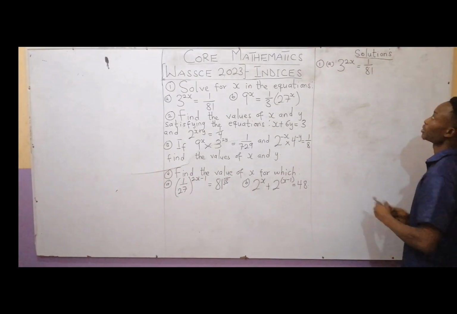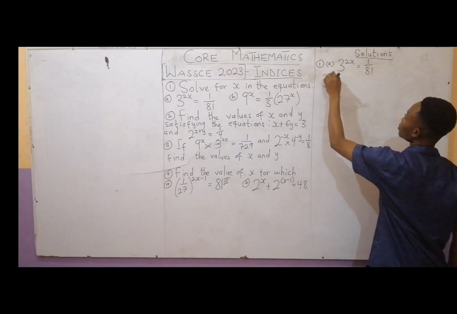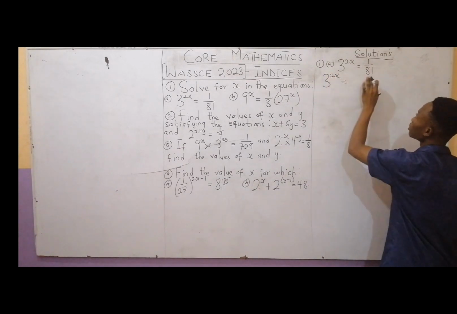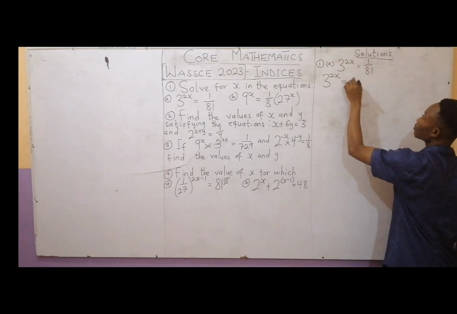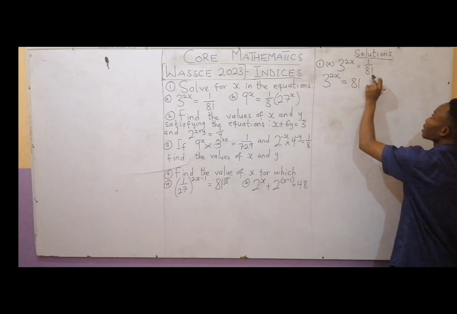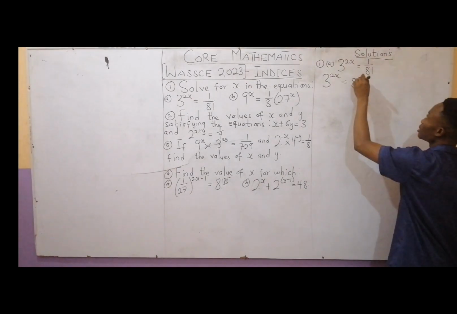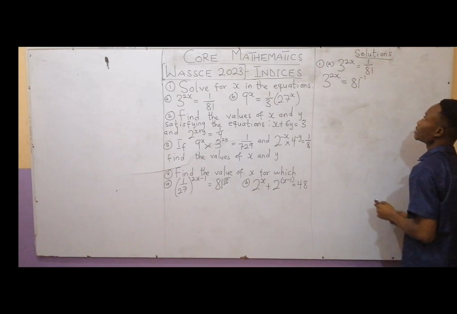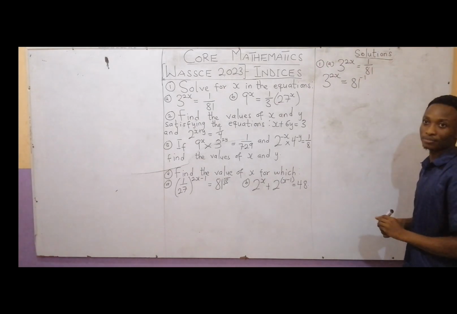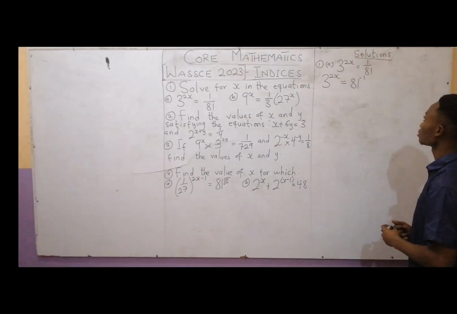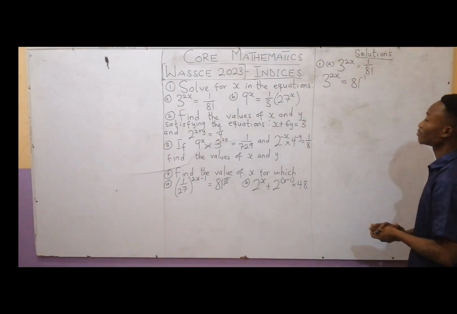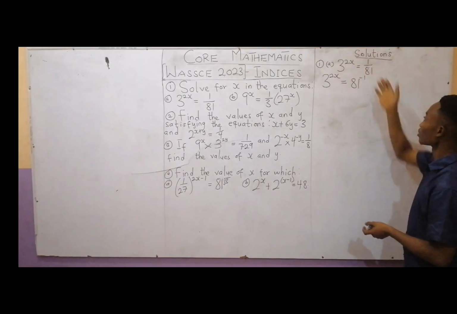So I have 3 raised to the power 2x is equal to 81. Now since 81 comes without a power, there's an assumed power of 1. And since we are reciprocating, it takes a negative, so negative 1. Good. So 81 raised to the power negative 1 is the reciprocated form of 1 over 81.